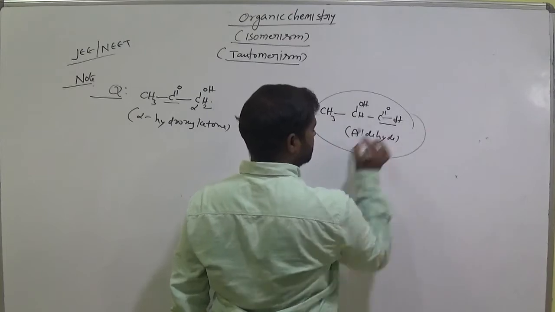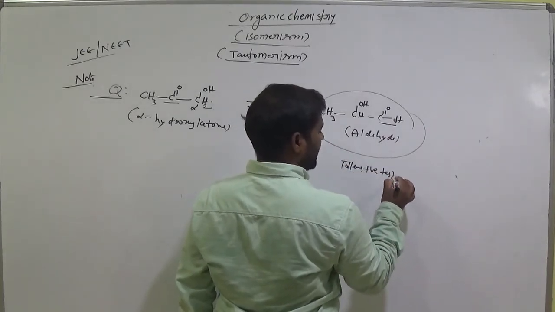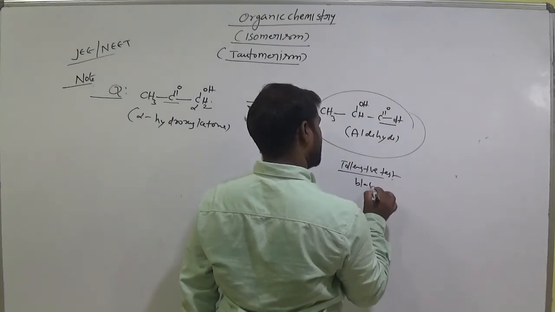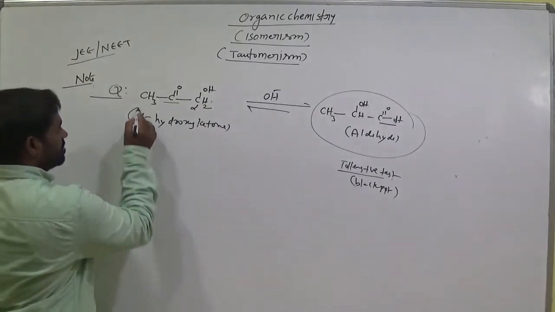Aldehydes generally give Tollens positive test, black precipitate, okay.